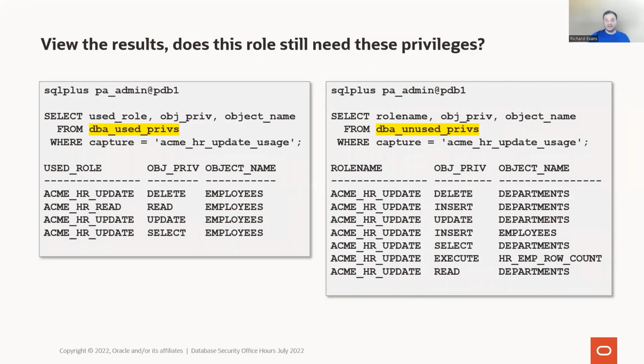Maybe it would do select over the course of time, but there were things that it didn't do. So maybe I could evaluate, does the update role ever delete a department? I don't think so. That doesn't sound like something we do. We might update the department name, but we wouldn't delete a department. So we could revoke a privilege there from the role.